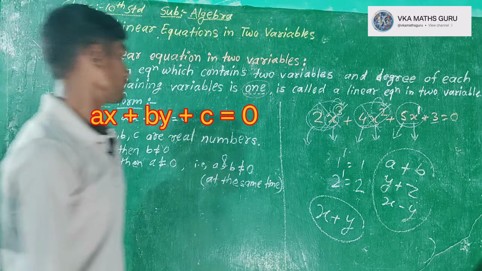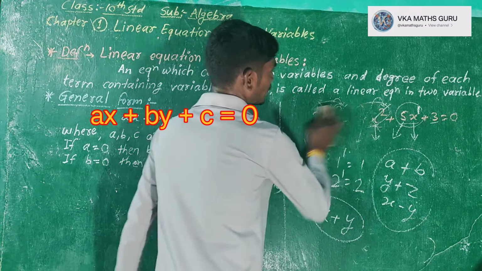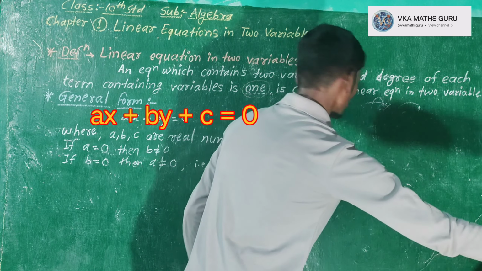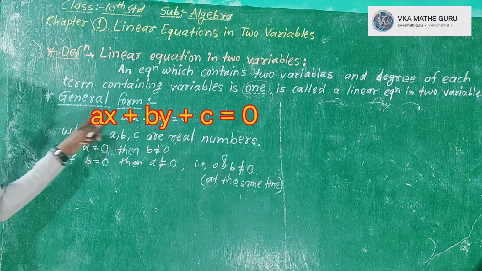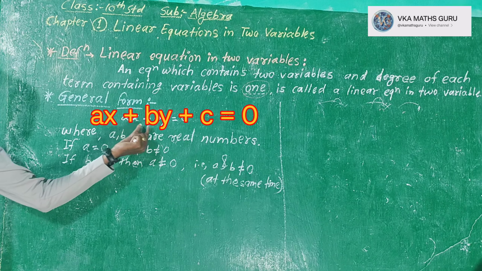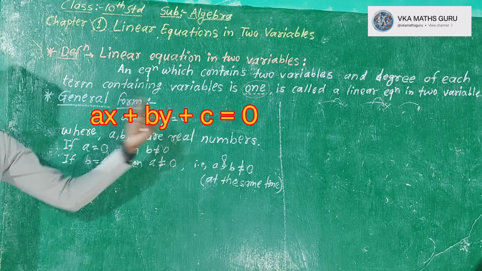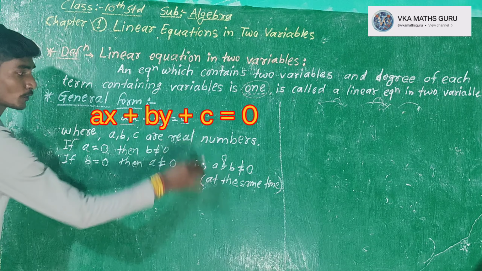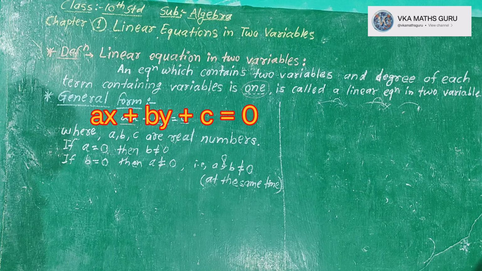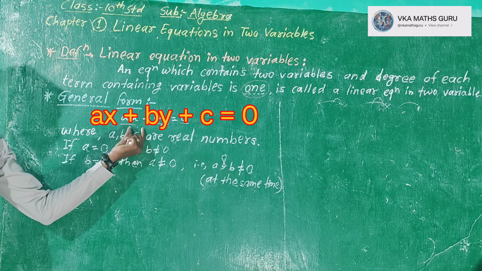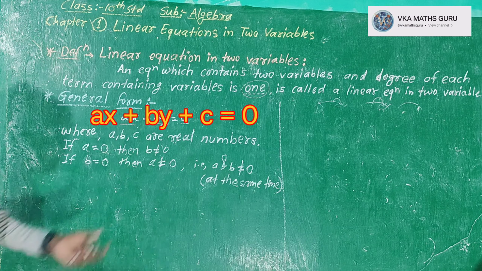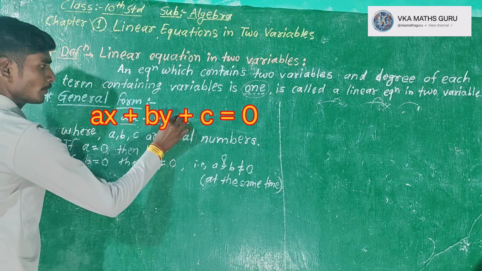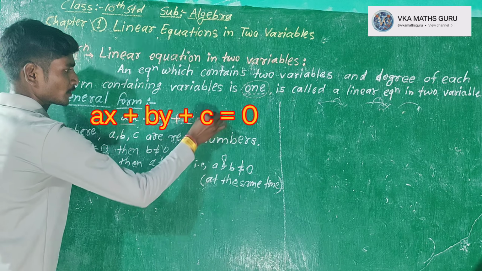After that we will discuss the general form of this linear equation. See here, the general form is ax plus by plus c is equal to 0.